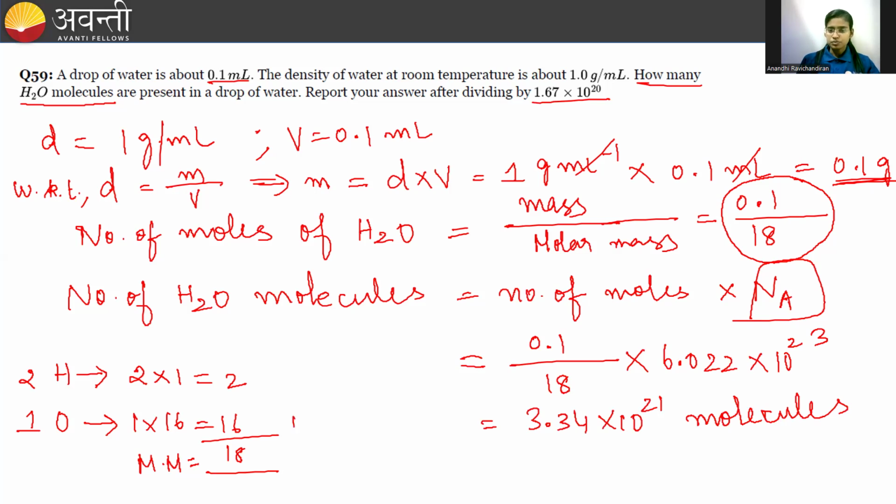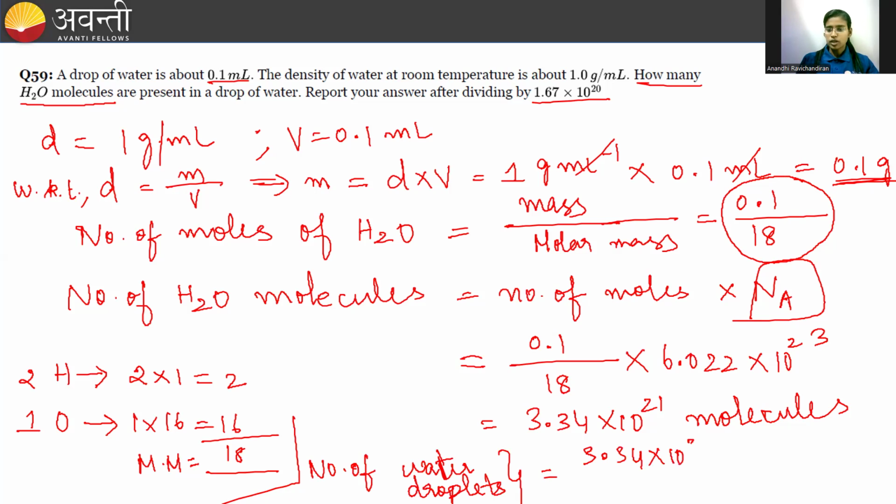So the number of water droplets, or number of water molecules after dividing by the given number: 3.34 into 10 to the power 21 by the given number 1.67 into 10 to the power 20 will come out to be 20. So the answer for this question is 20.